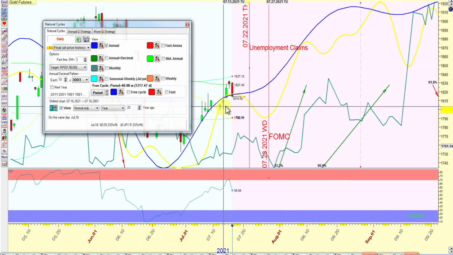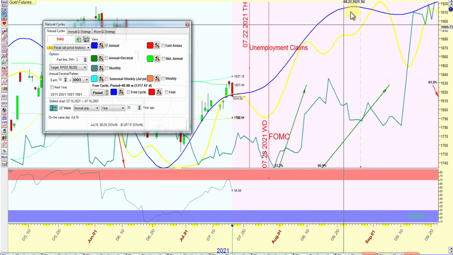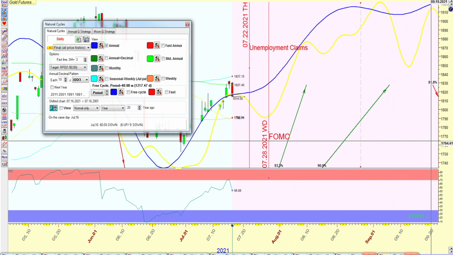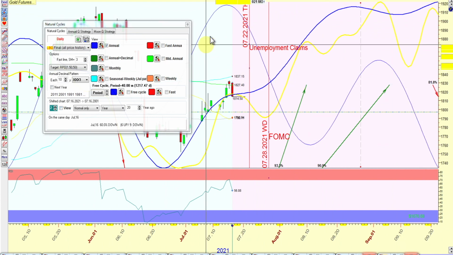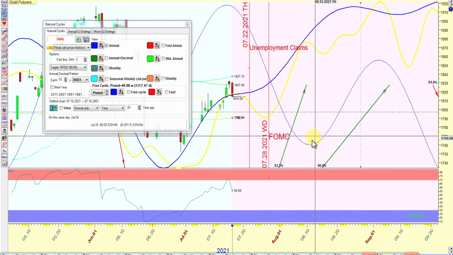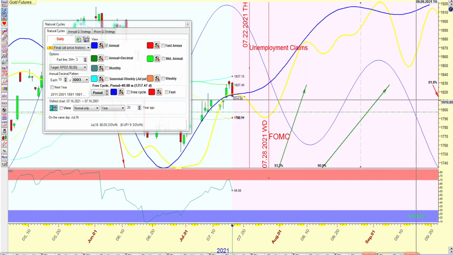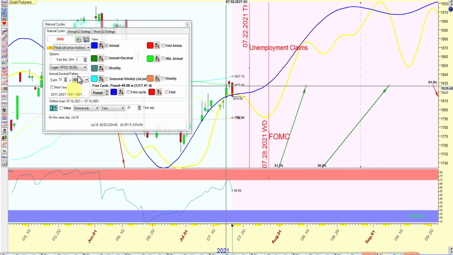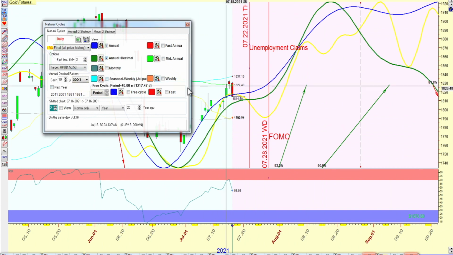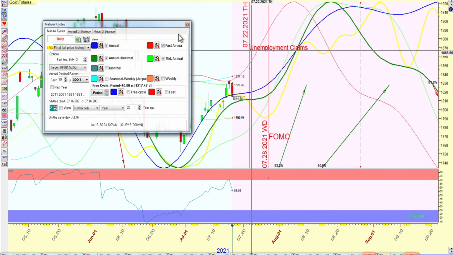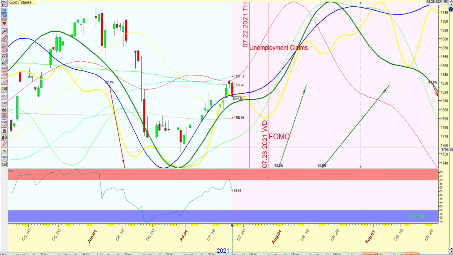There's a possibility that a correction is coming, but then everything is pointing up. The composite, same thing. If there's a correction, the only thing is the composite shows it even deeper. That's something to consider in your strategy. Annual decimal pointing up. Mid and fast, all in sync. Let's get that out of the way. Just figured I'd show you that too.